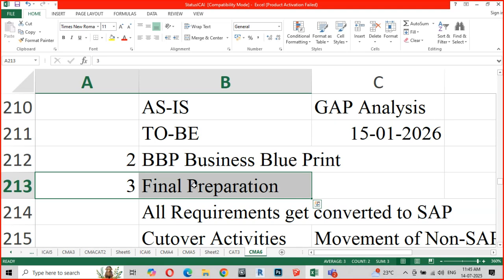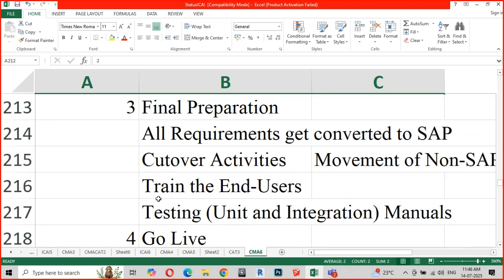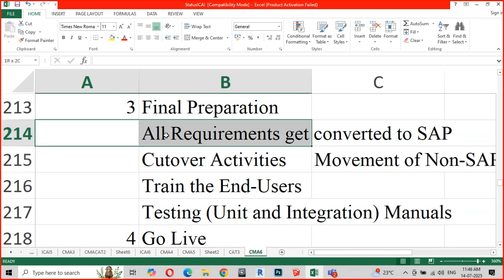I start converting all the requirements in the business blueprint into SAP. So whatever was there in the business blueprint, which had to be delivered, I work on the SAP system now to deliver the individual requirements. This is your final preparation phase. So all the requirements get converted into SAP.